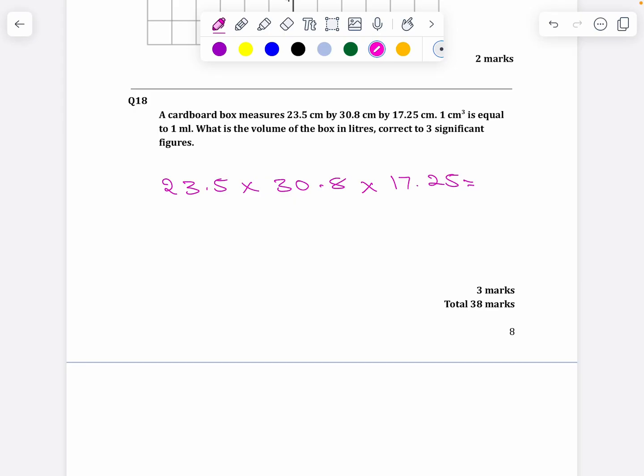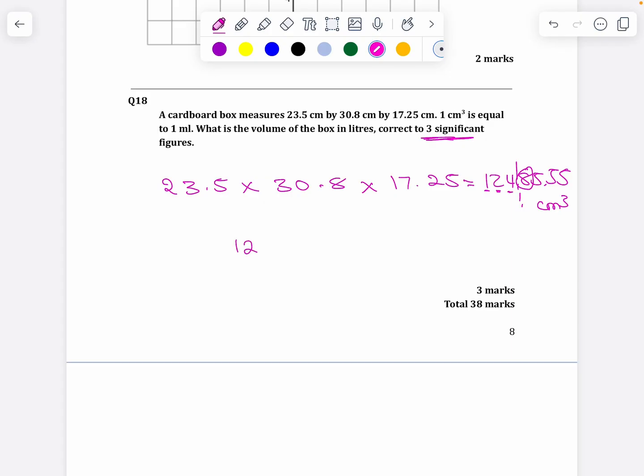And I have got 12,485.55, and that is centimetres cubed. Now it tells me that 1 centimetre cubed is equal to 1 millilitre. So actually I might round it to 3 significant figures now. So to 3 significant figures, 1, 2, 3, cut it off here, and the next number tells me to round up.